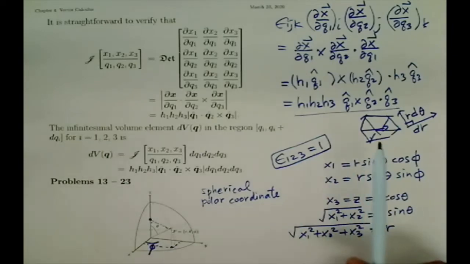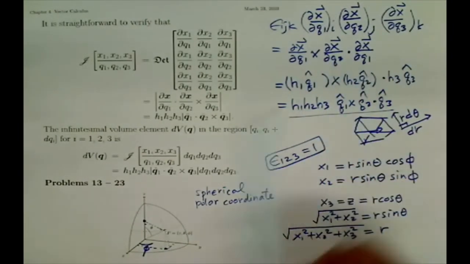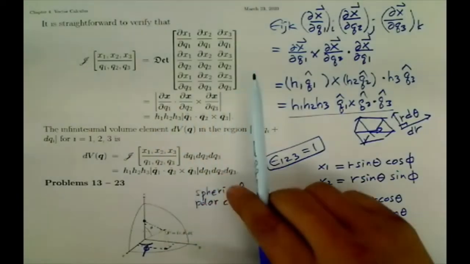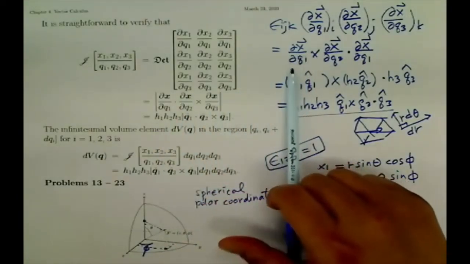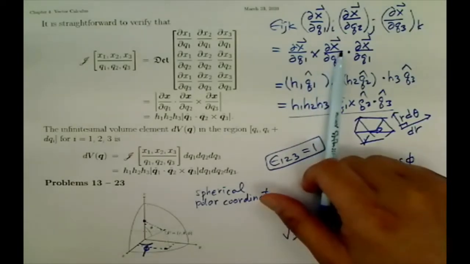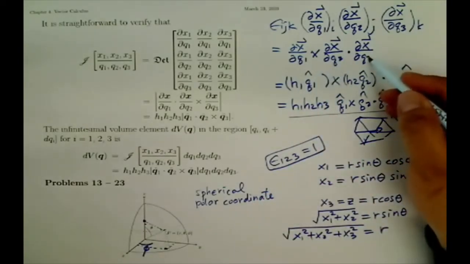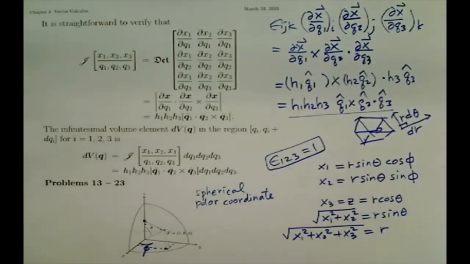This is the triple scalar product of these three vectors: the partial derivative of x with respect to q1, cross the partial derivative of x with respect to q2, dotted with the partial derivative of x with respect to q3, right?